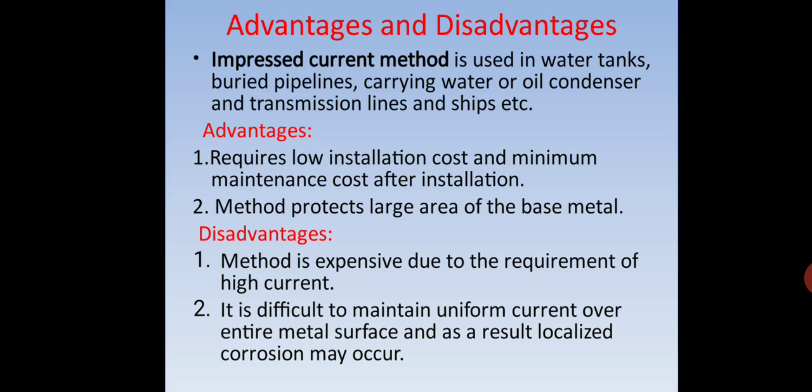So there might be localized corrosion. Once again, because of the excess supply of current, if moisture is present on the surface of the iron pipeline, then it may undergo reduction, and hydrogen gas evolution takes place. And when hydrogen gas evolution takes place, there is once again a chance of direct corrosion.